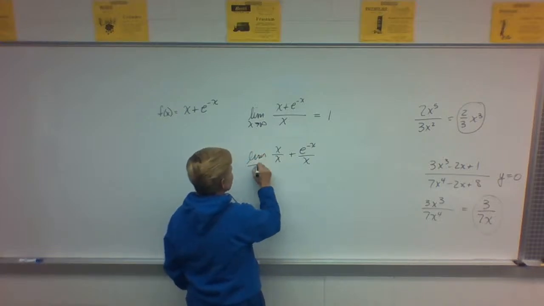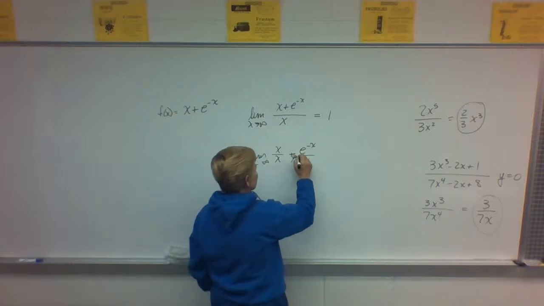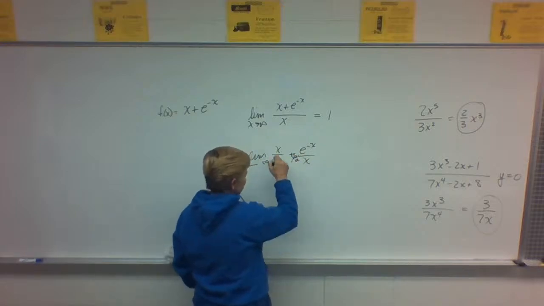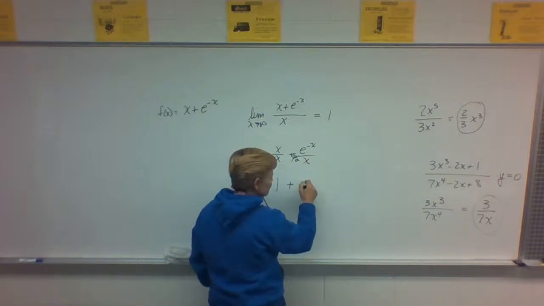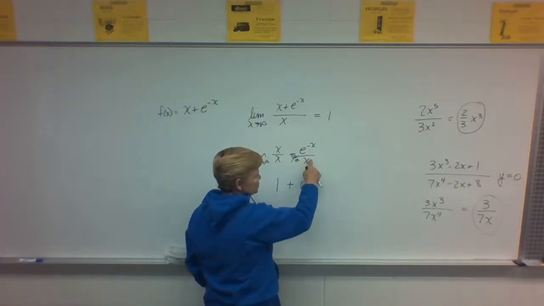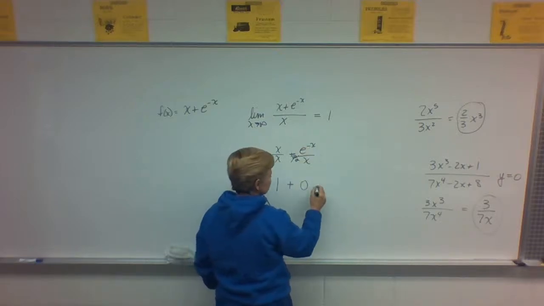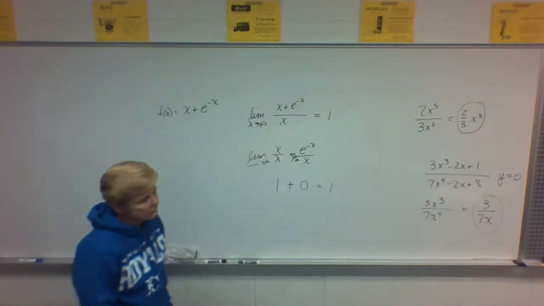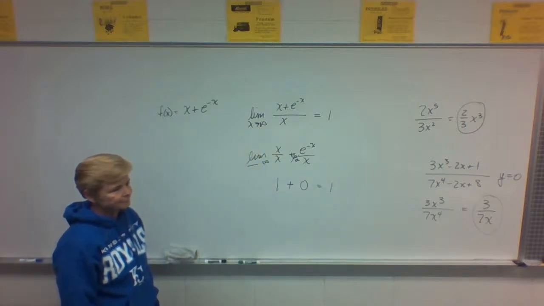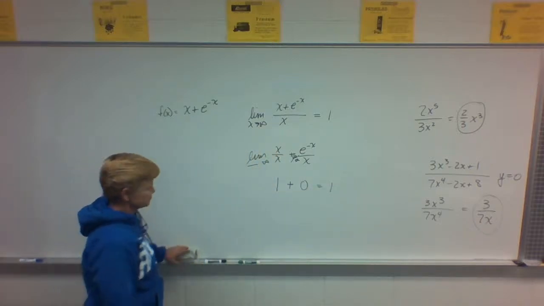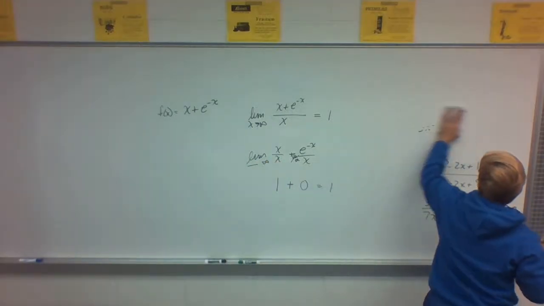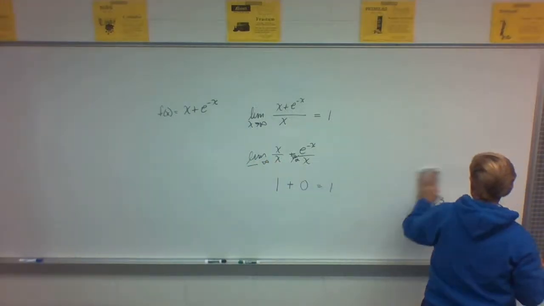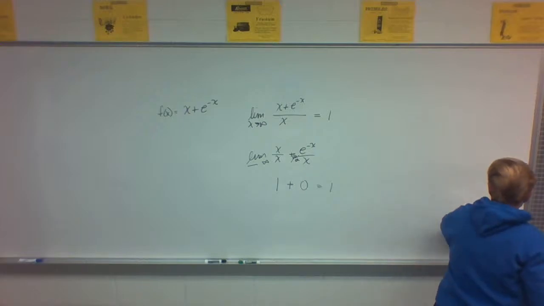This limit at infinity and this limit at infinity is going to be 1 plus 0, because this is going to 0 and this is going to infinity, and so this whole thing is going to 0. That's what I meant to do. Sorry. That's better. The other one failed. So I tried it one way by doing f over g, and it didn't work out, so now I had to try something new. I recognized it was wrong. So you have to try something new.